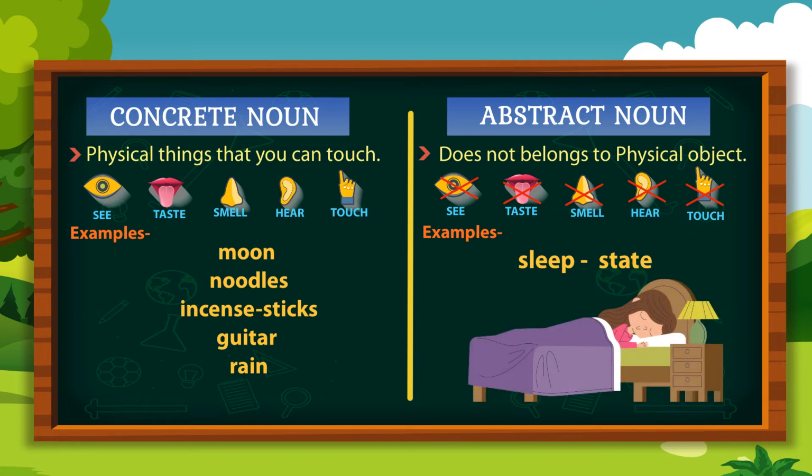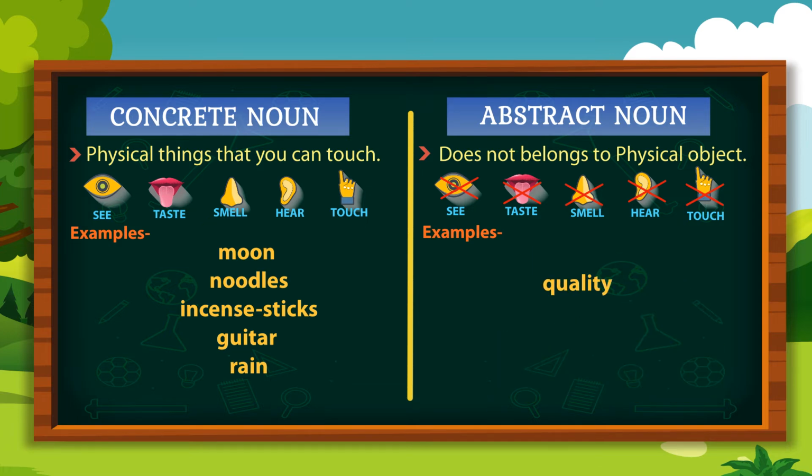Sleeping, it defines your state of mind. Here in the image the girl is sleeping. See, here also you cannot use your five senses to get the state of the girl. Basically, they are feelings that any person has. Abstract nouns refer to the name of a quality, action or state.